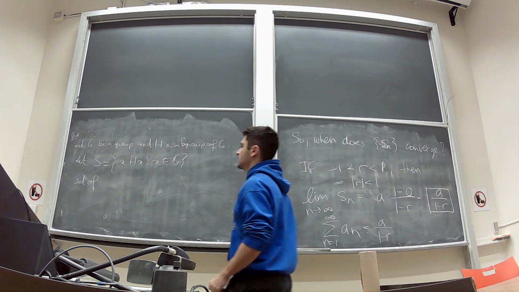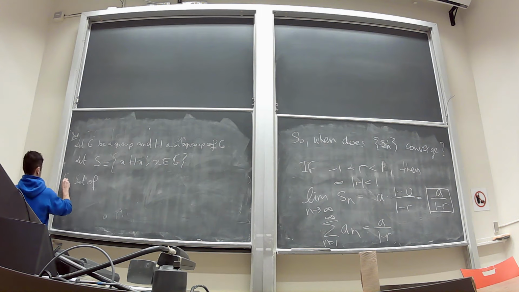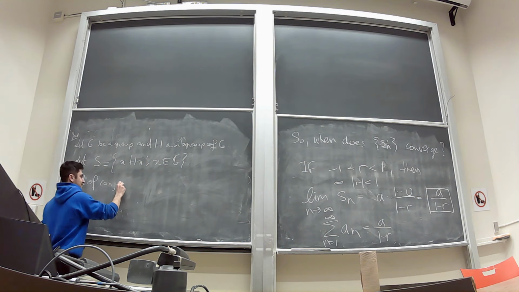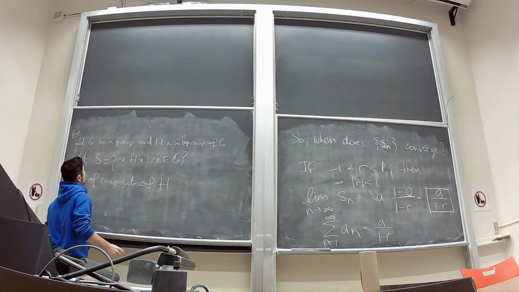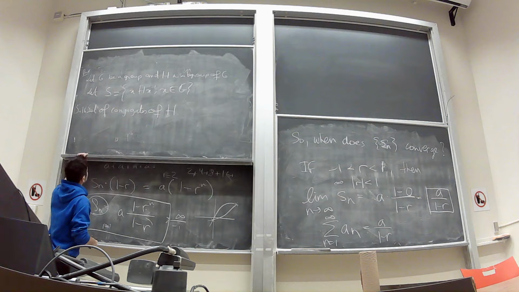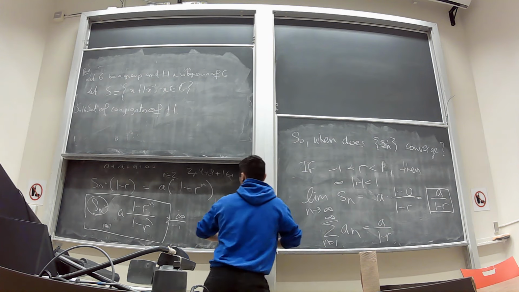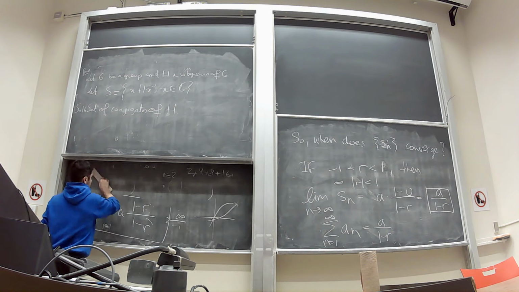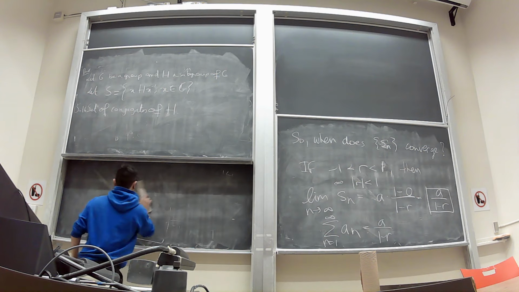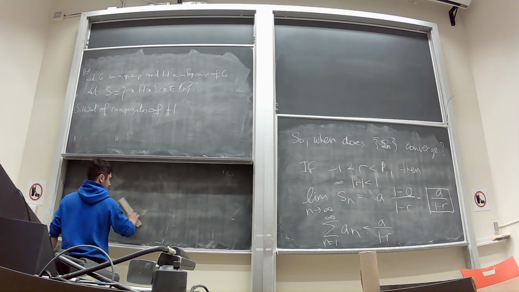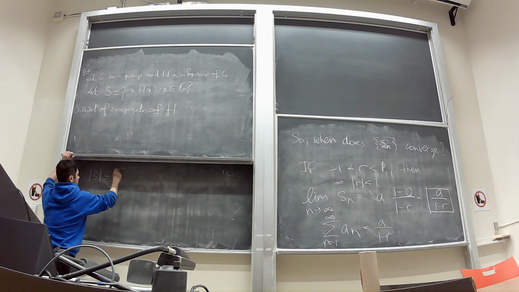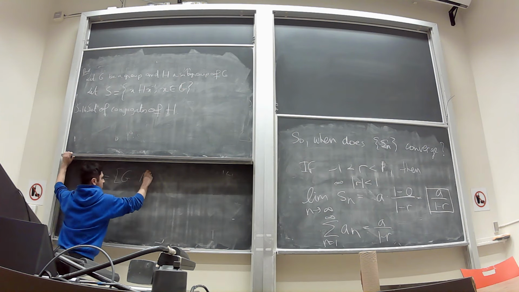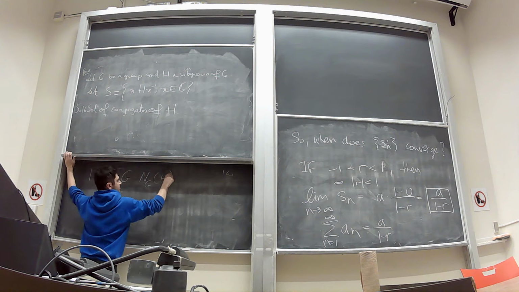So S is the set of conjugates of H. Now from the homework, let's finish the proposition. Then the cardinality of S is the index of the normalizer.